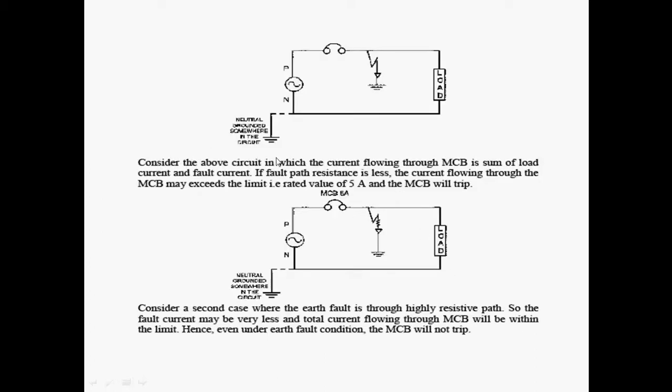Consider the above circuit in which the current flowing through the MCB is the sum of load current and fault current. If the fault path resistance is less, the current flowing through the MCB may exceed the limit, that is the rated value of 5 ampere, and the MCB will trip.